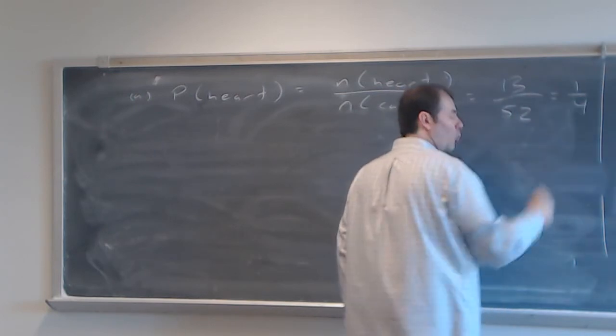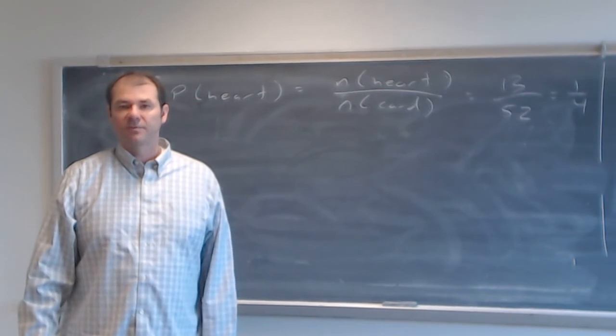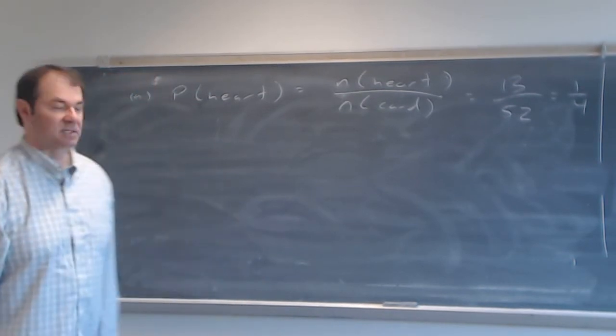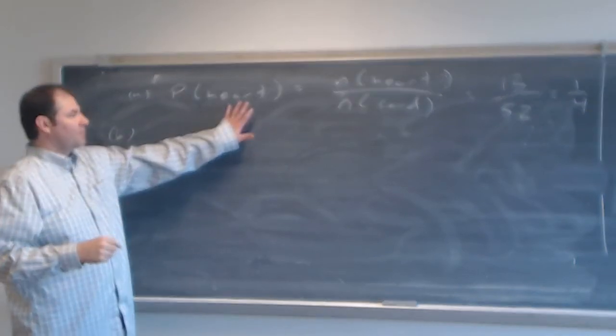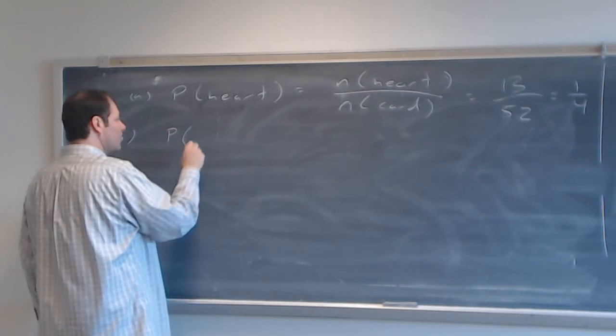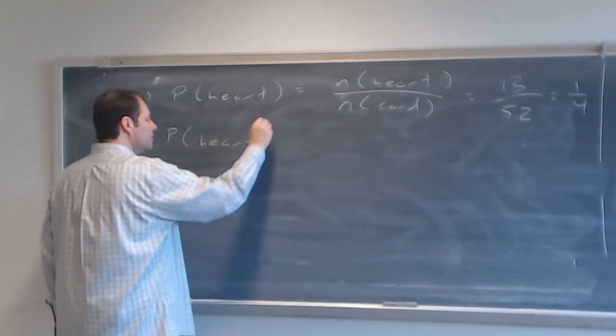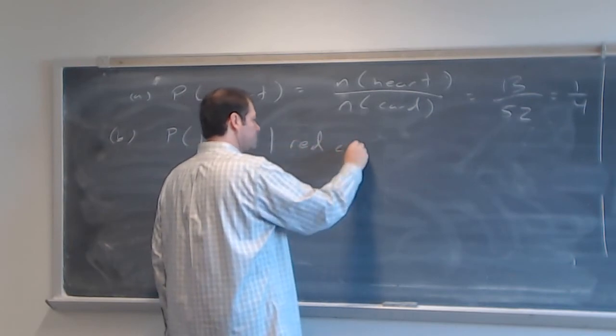So it's 1 out of 4. So there's a 25% chance you get a heart anytime you just randomly select a card. Part B, and I should back up, Part A is not a conditional probability, but Part B was. So was Part C. Part B was given a heart, and what's the chance of getting a heart given that you have a red card?